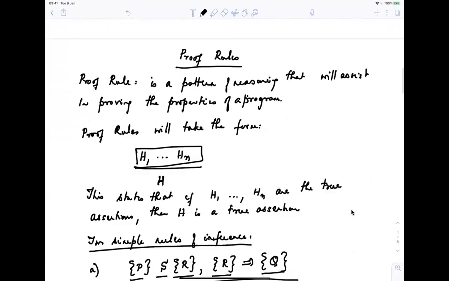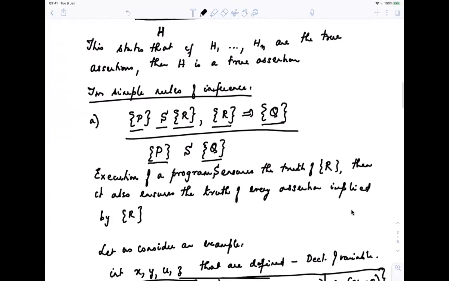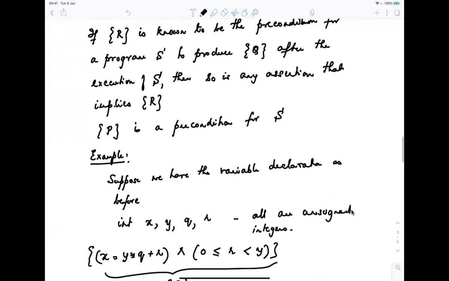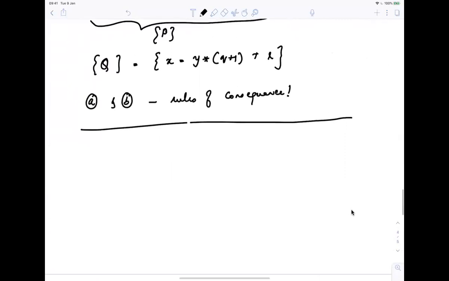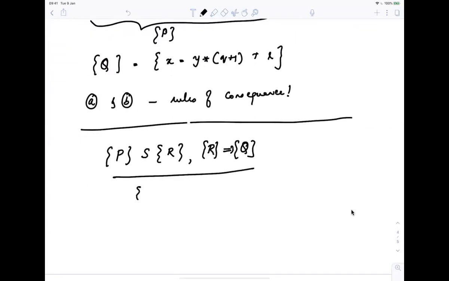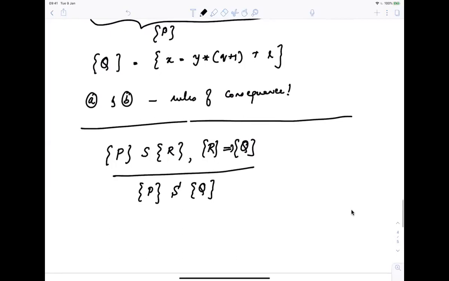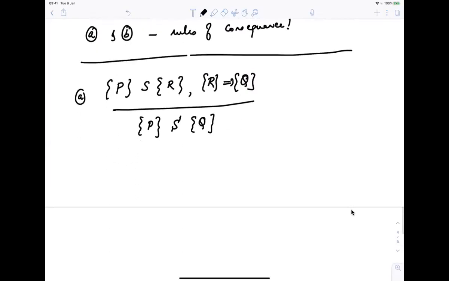One was the simple rule of inference: if P S R, and R implies Q, then we can conclude that P S Q. And there was another one, where this is A, and this is B.